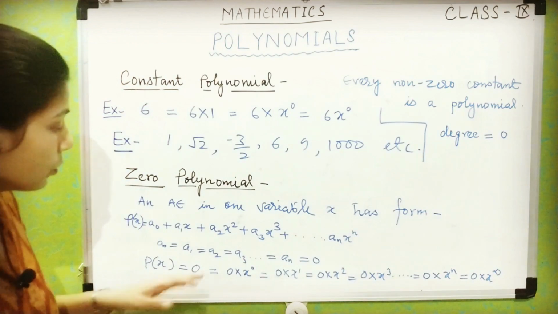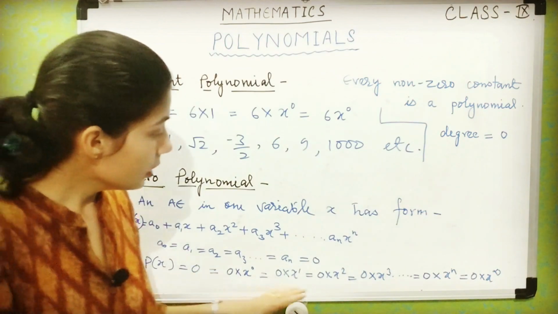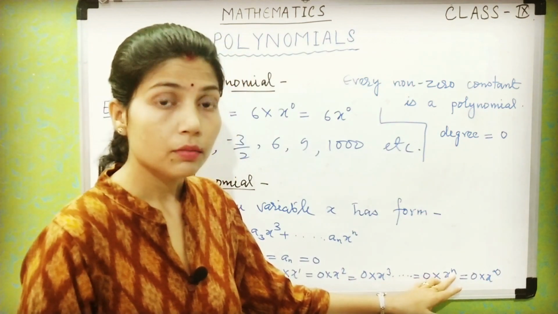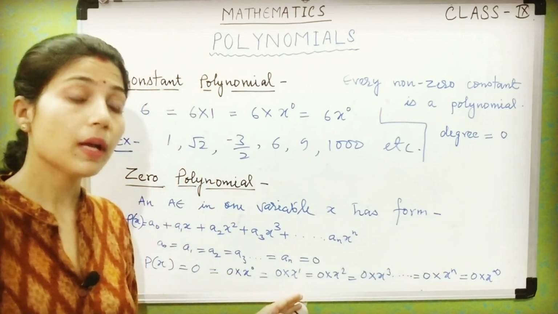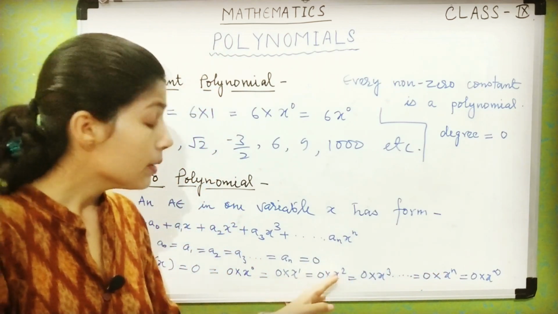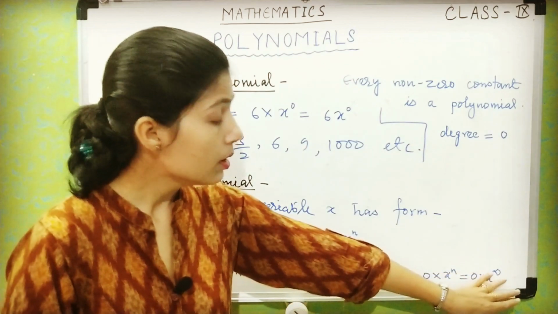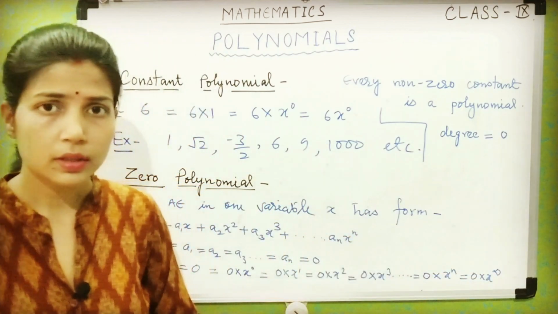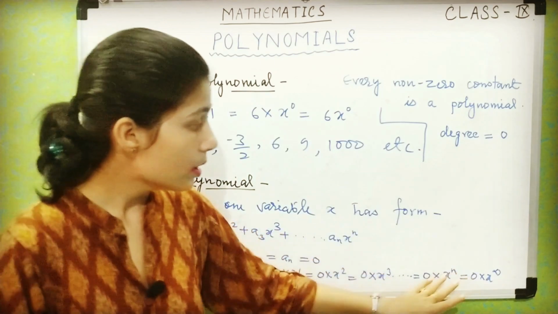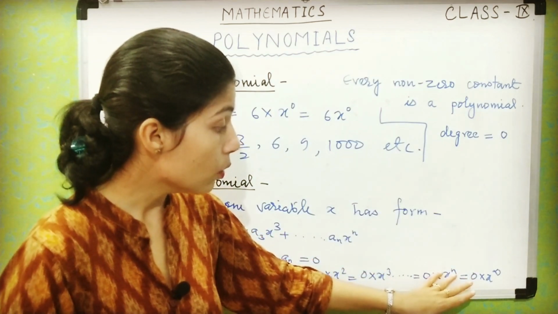We don't actually know the value of n, because you are multiplying every variable with 0.